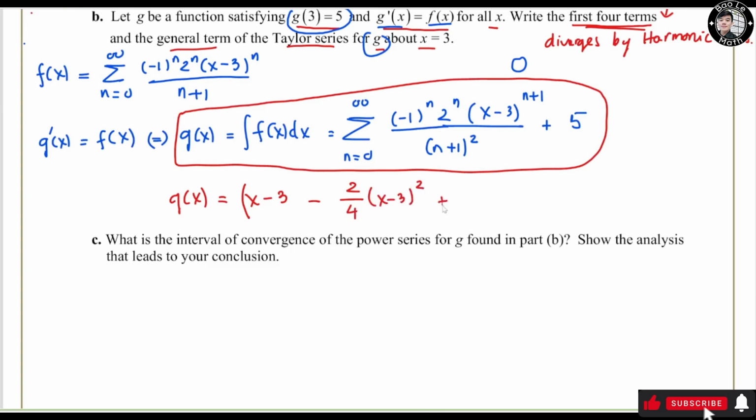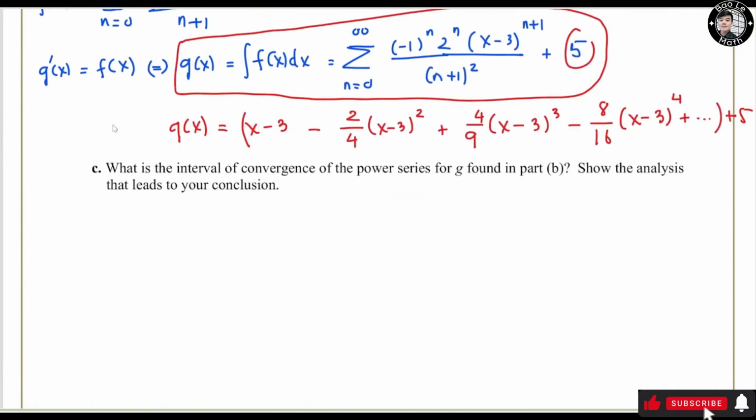For n equals 2, you have 4 over 9 times s minus 3 cubed. For n equals 3, we have negative 8 over 16 times s minus 3 raised to the 4, plus etc. And finally, don't forget to add the constant right here. So this one is the answer for the first 4 terms.